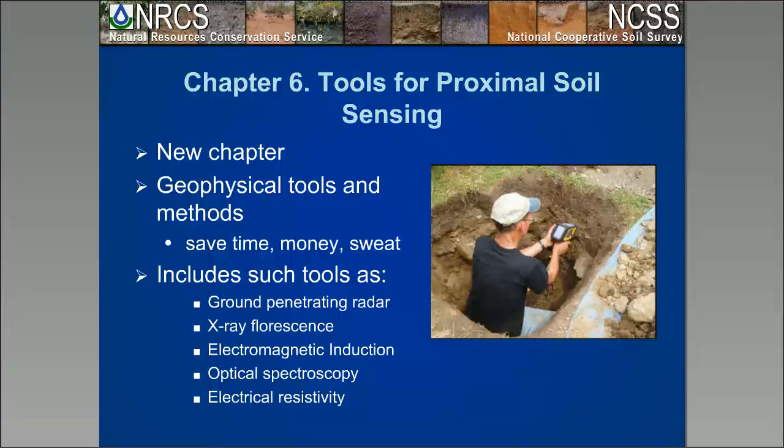So we have a very extensive treatment on some of the geophysical tools that are now available, including ground penetrating radar, X-ray fluorescence, electromagnetic induction, the optical spectroscopies like mid-range infrared spectroscopy, and VNIR for the visible and near infrared.